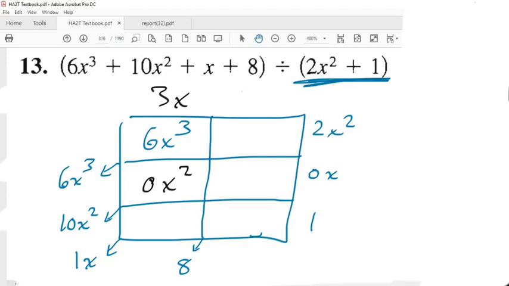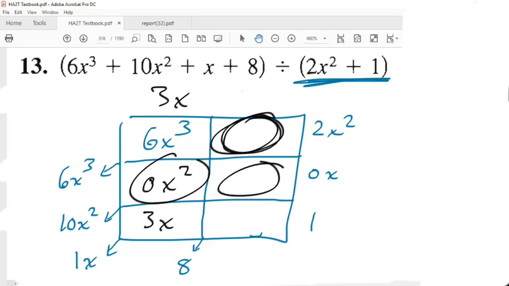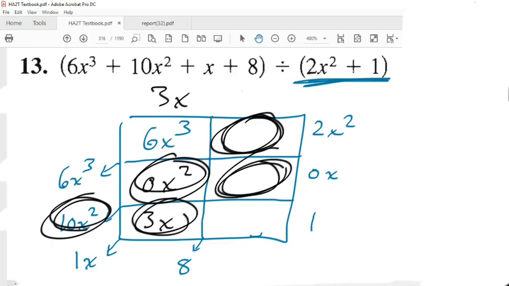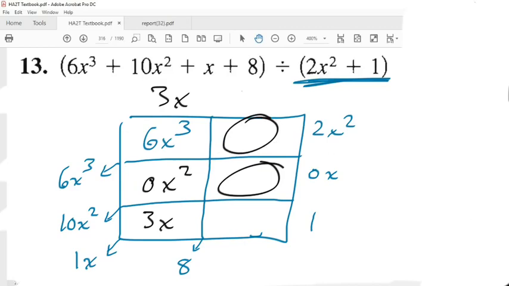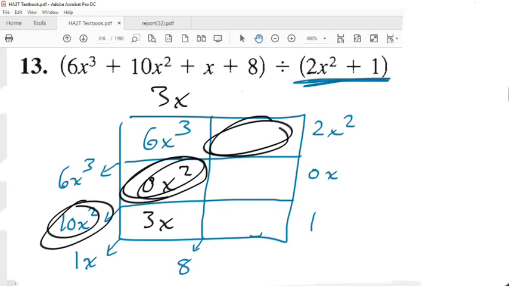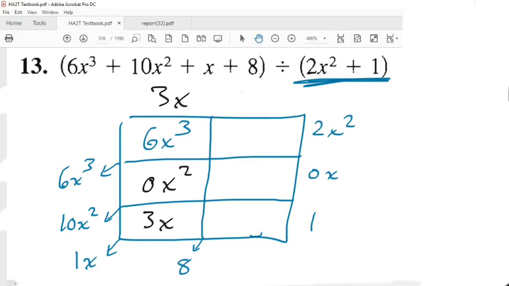And then 3x times 1 is 3x. We could actually find these two now because this plus this is supposed to equal this. Everybody's cool? All right, let's just worry about the top one. So, what plus that gives me that? 10x squared, right? 10 plus 0 is 10.